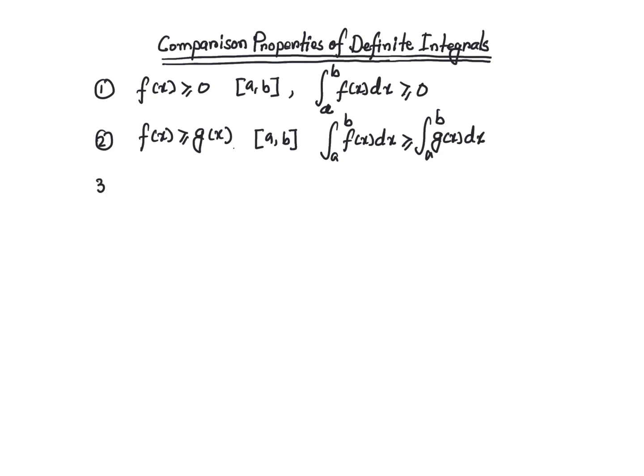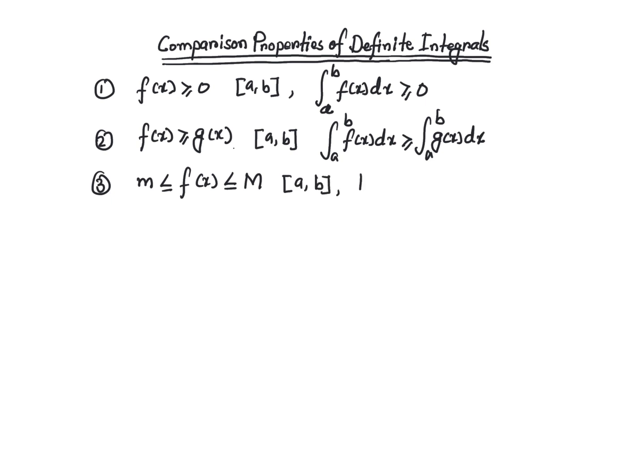And number 3 is kind of like a bounded property. So let's say you have a function f defined on the closed interval [a, b] and bounded below by lowercase m and bounded above by uppercase M on the interval [a, b].